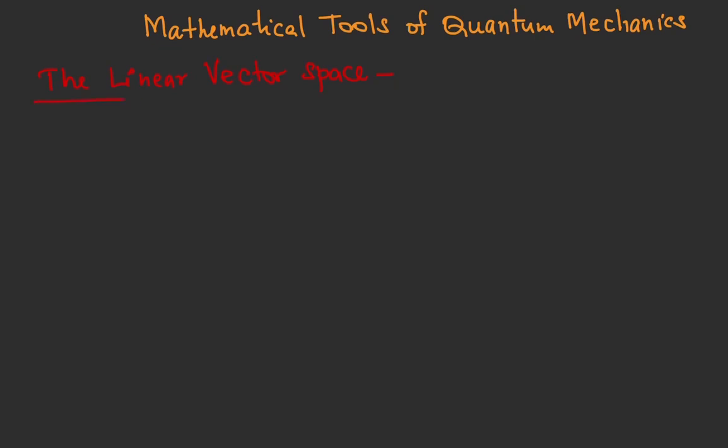So, the linear vector space. A linear vector space consists of two sets of elements and it follows two algebraic rules.